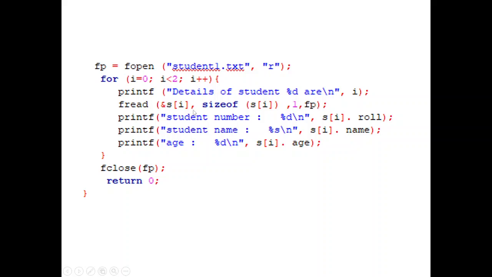So the content will be in this structure variable. So after reading one record, I'm just printing it in the console, right? Appropriately the roll number, then the name, then the age I'm printing, and then closing the program.